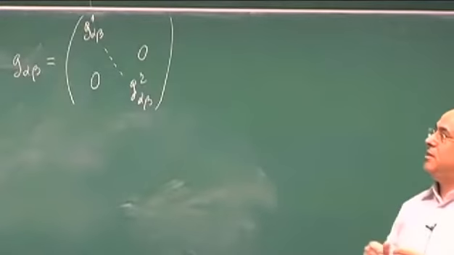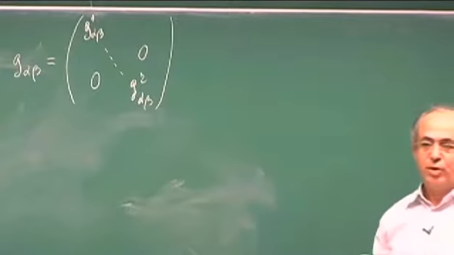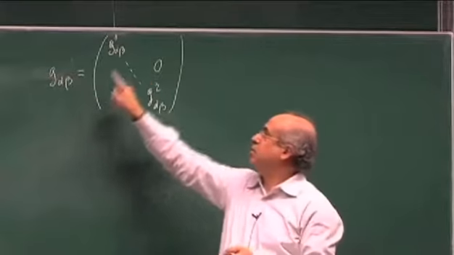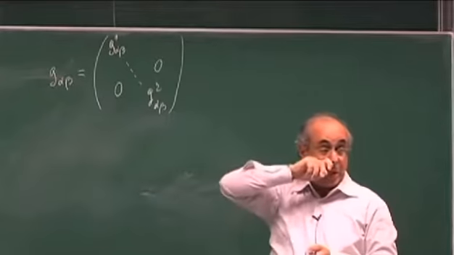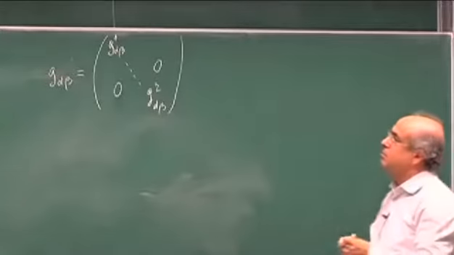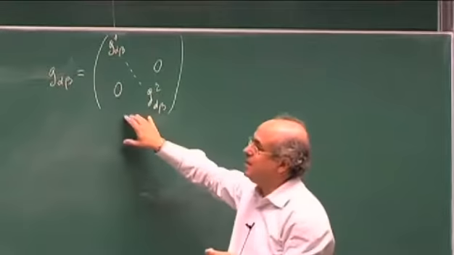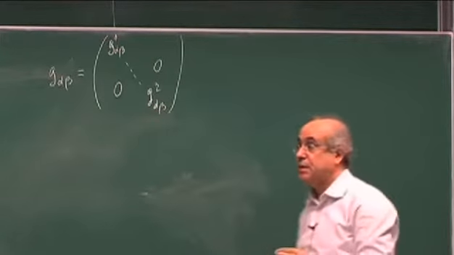And these elements will satisfy the cocycle condition, correct? Because you write the cocycle condition for these G's, and you will get the cocycle conditions for all the elements on the diagonal. This exactly means that E is a direct sum of these line bundles.